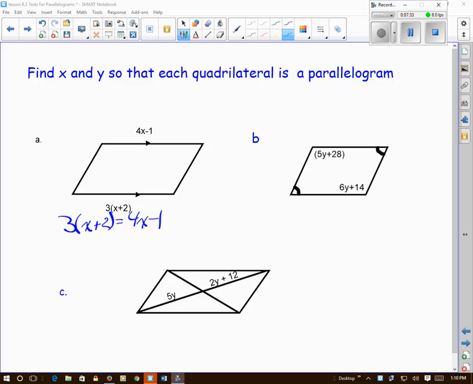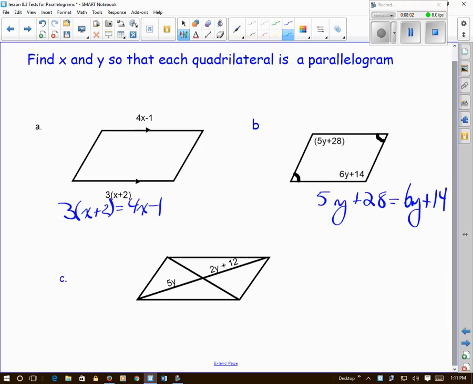In B, we have one pair of opposite angles that are congruent, not parallel. And so the other pair of opposite angles need to be congruent also. So we would have 5y plus 28 equals 6y plus 14, and solve for y for that to be a parallelogram.